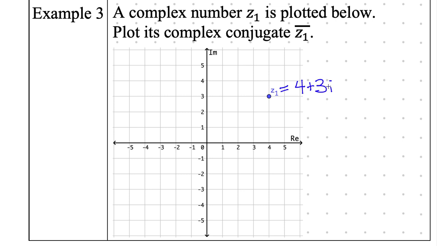I need to find the complex conjugate. What is the complex conjugate of 4 plus 3i? Eva. 4 minus 3i. So graph 4 minus 3i. Thank you, Eva. So this is Z1 with a bar over it, and that is 4 minus 3i.